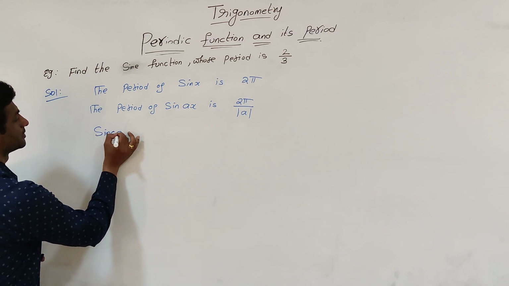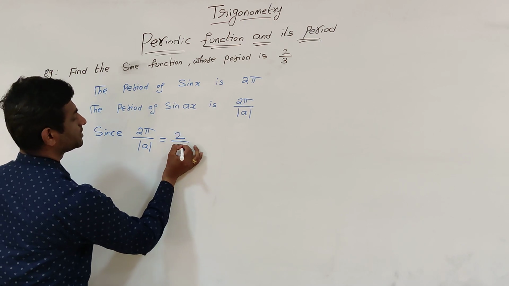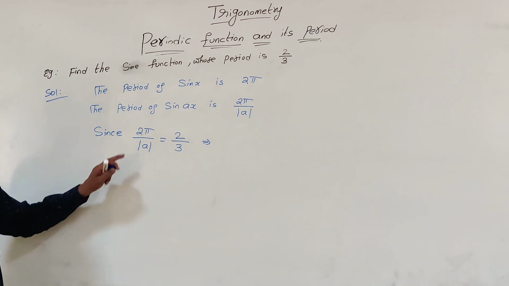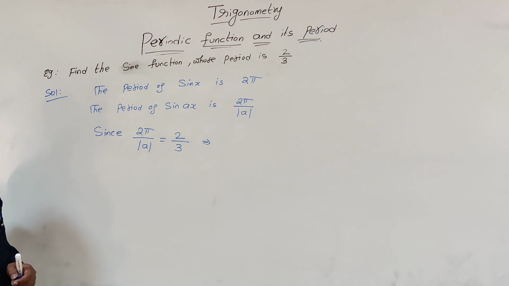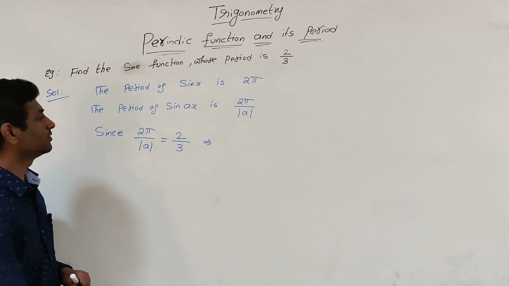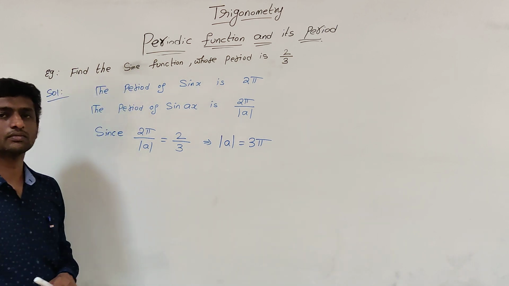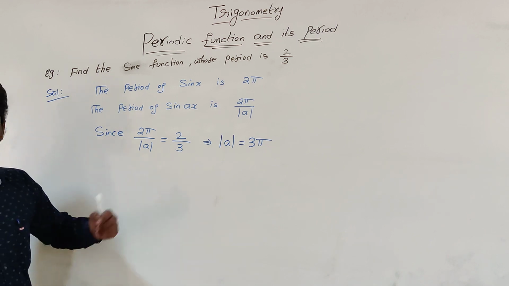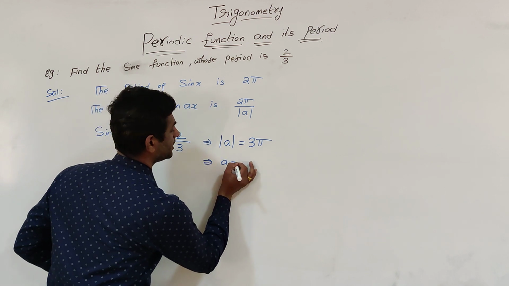Since 2 pi by mod a is given as 2 pi by 3, the 2 gets cancelled. So what will be? Now if we take the cross product, mod a will be 3 pi. As mod a is 3 pi, then what will be a? It will be plus or minus 3 pi. So a will be plus or minus 3 pi.